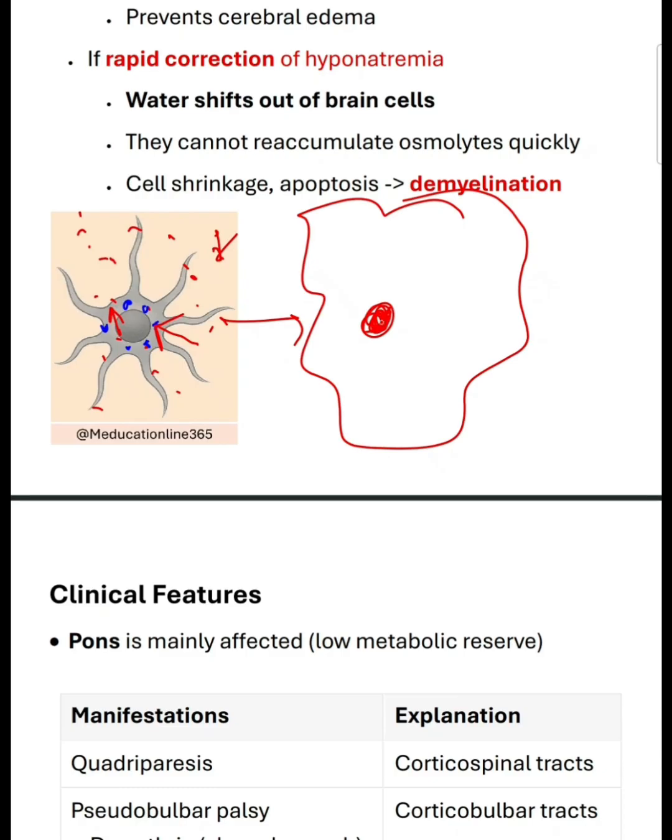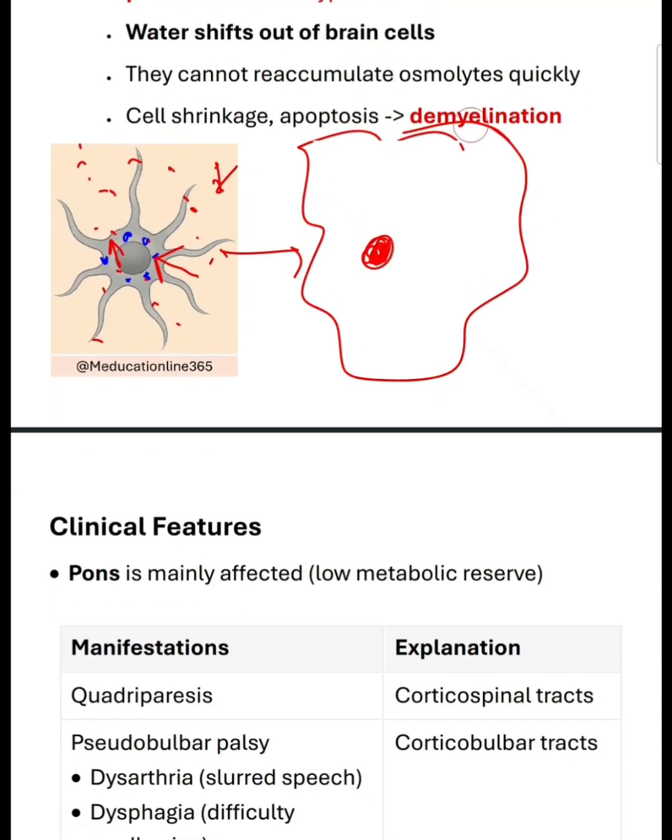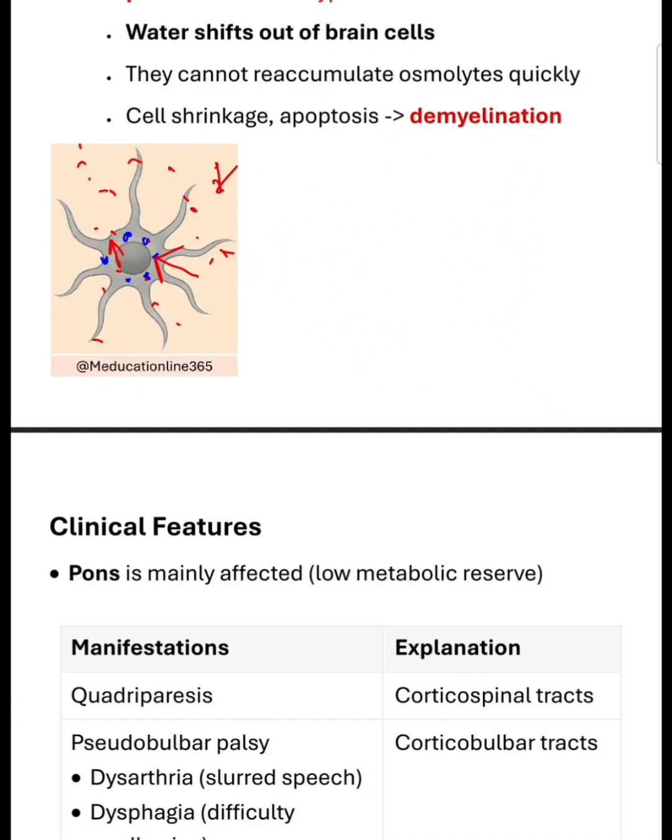So now, to compensate for this low osmolarity outside, the cell adapts to it. How can the cell adapt to low osmolarity outside? It starts to expel organic solutes. In other words, organic solutes like glutamate will come out of the brain cells.